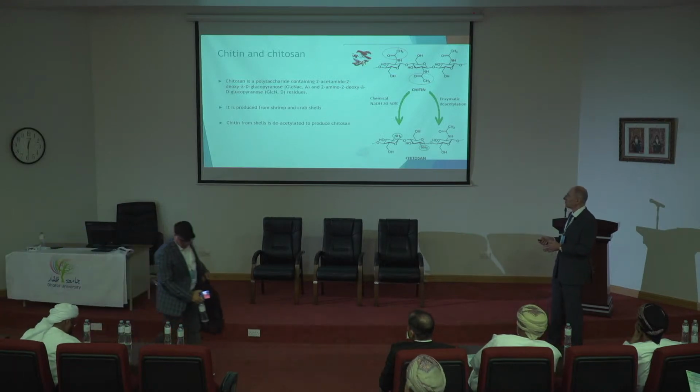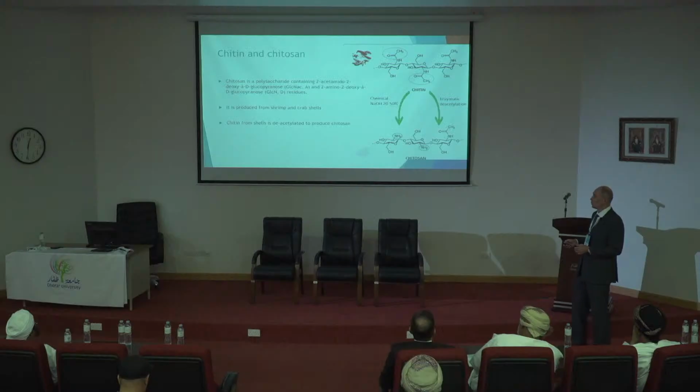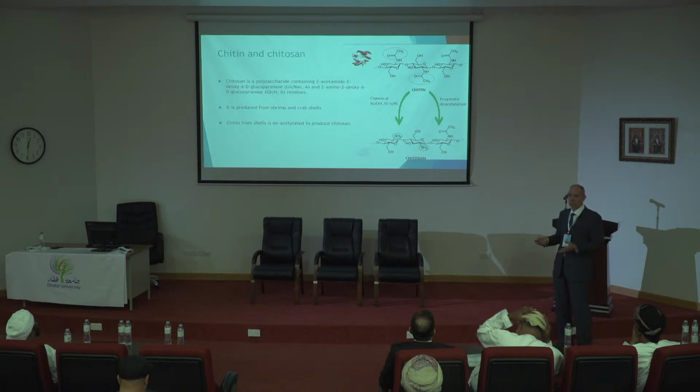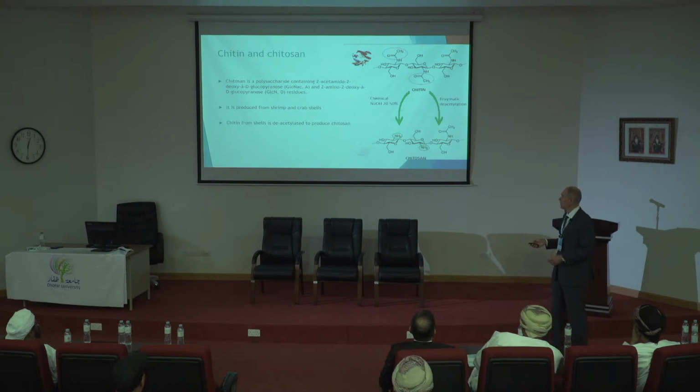Chitosan is a linear polysaccharide, and there are two ways to convert chitin into chitosan. We use the chemical method, when sodium hydroxide is used to deacetylate chitin, and then we have amino groups which become quite active. But there is also enzymatic deacetylation.